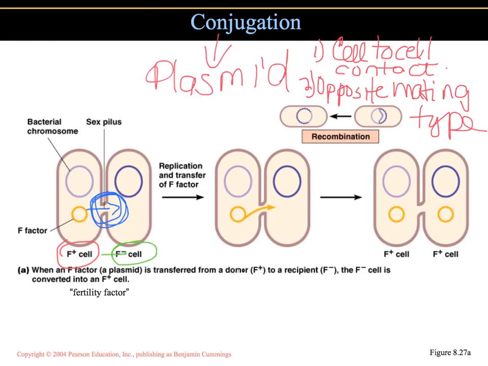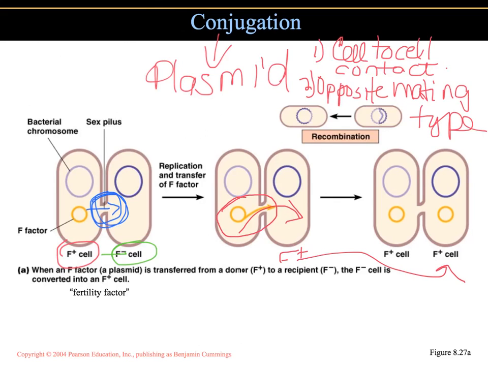So the donor is carrying the F factor, so we call it F plus, and it transfers that plasmid to the recipient, which was F minus. Okay, so it did not have that. So you can see here in the second illustration that the plasmid is being sent over into the F minus cell. And now that F minus cell will become F plus, as you see right here.